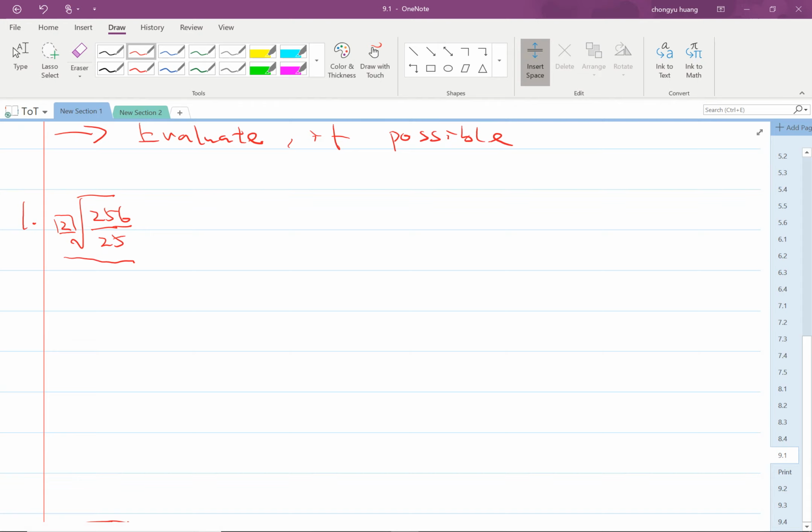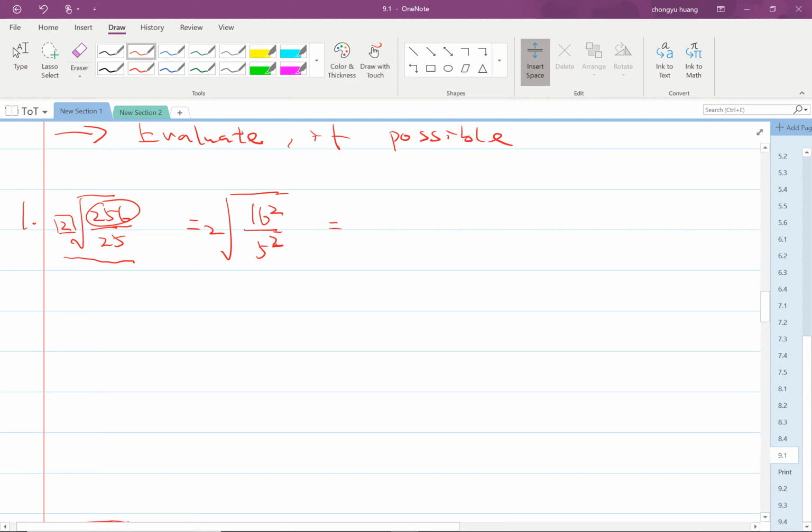Here, you know that 25 is equal to 5 squared, and 256 is equal to 16 squared.